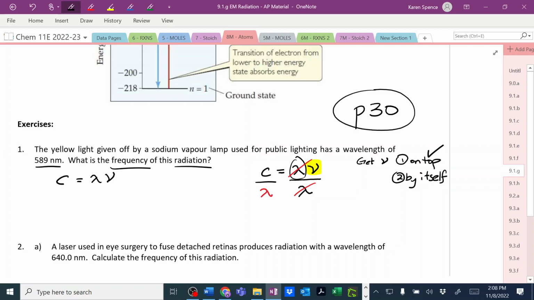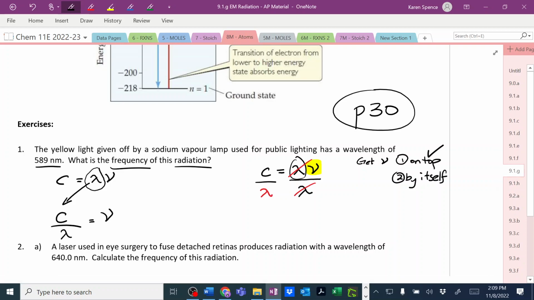So if you have a variable on the right-hand side, and you don't want it there because it is cluttering up your nu, you can move it to the left-hand side, but because it is on the top on the right-hand side, it must go to the bottom on the left-hand side. So it's going to move down. So now I have c over lambda equals nu.